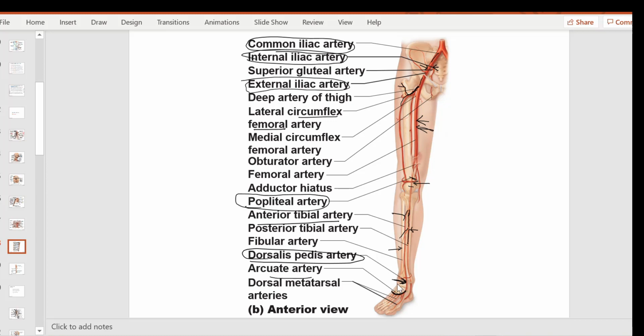The upper surface is the dorsal and the sole is the plantar, right? So arcuate artery, and then from the arcuate we get the dorsal metatarsal arteries, that means the upper surface of the foot. Okay.